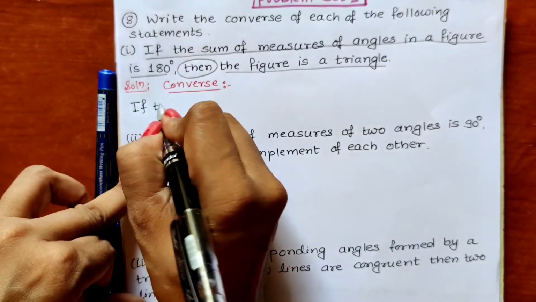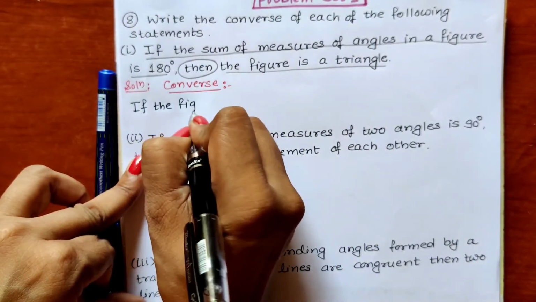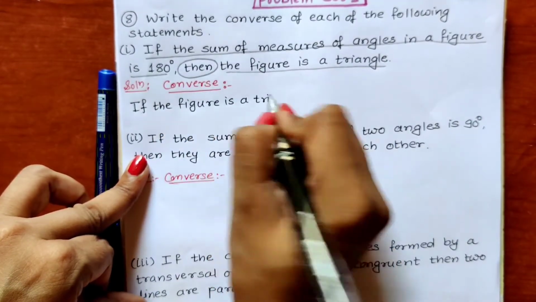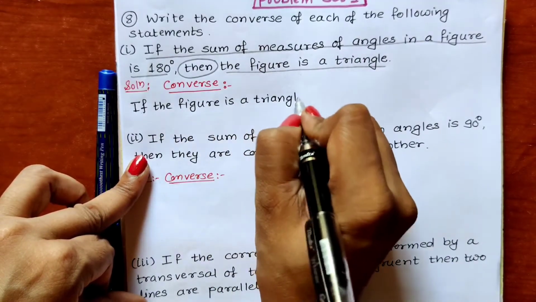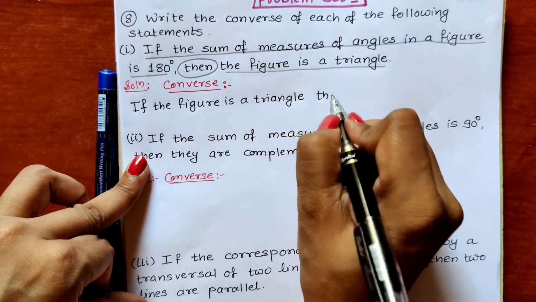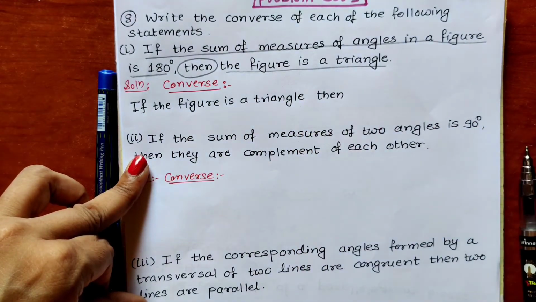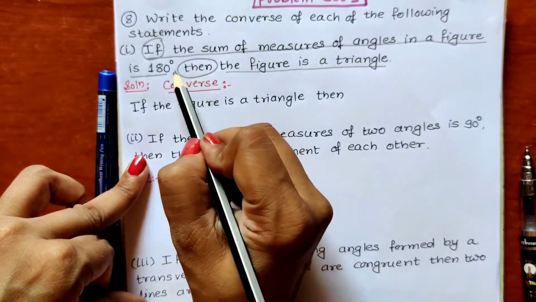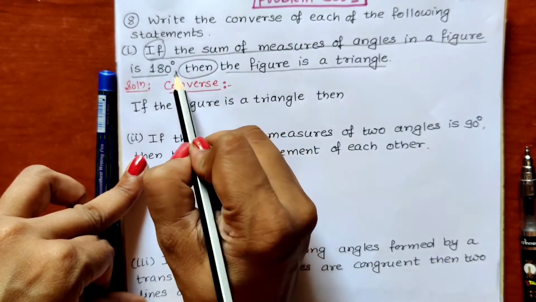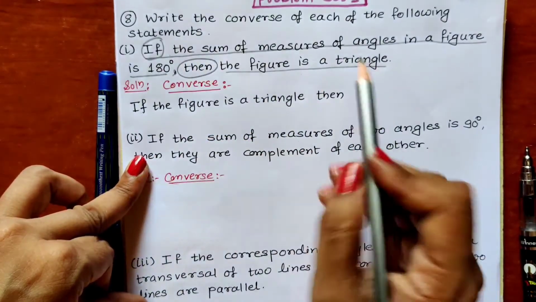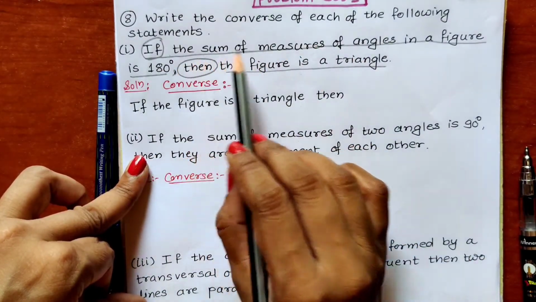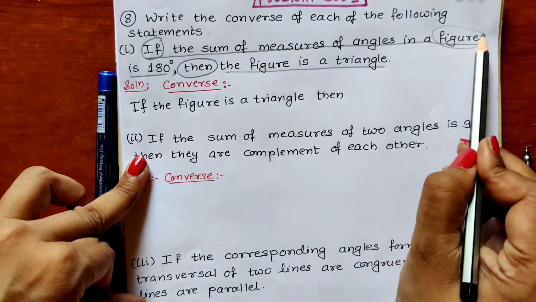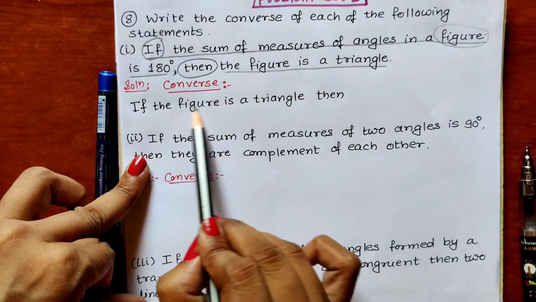If the figure is a triangle, then. After then what should be written? Now after then we have to write whatever is given after if, till this comma or before then. So after then what will we be writing? Then the sum of measures of angles is 180 degree. If you don't write figure also it is okay, because figure is written here.